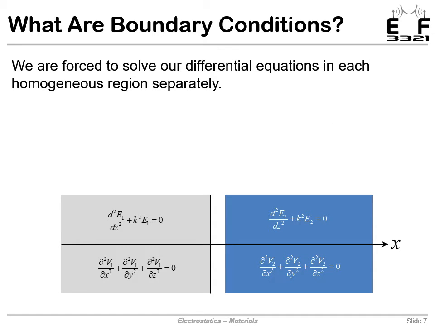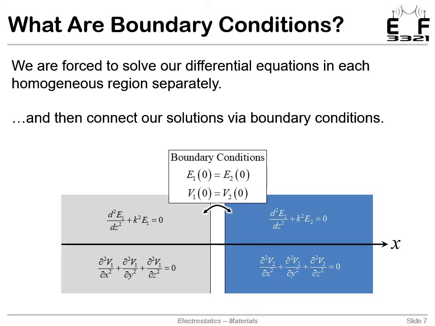So what do we have to do? We separate our problems into homogeneous segments. We solve our differential equations in those homogeneous segments, so that way the derivatives don't explode. And then when we're done that, we assemble our answers, we stitch them together by matching the boundary conditions.